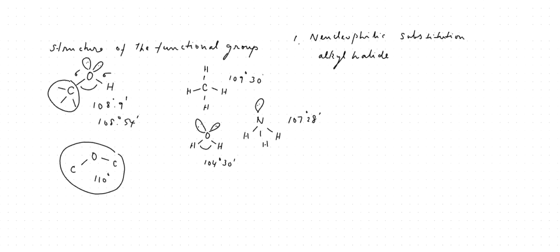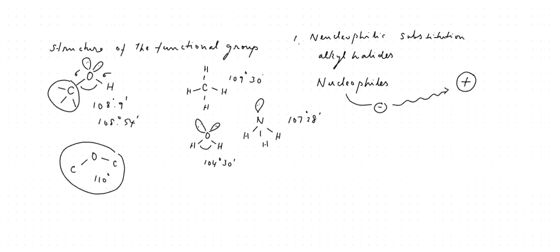What is a nucleophile? Nucleophile means the one which loves the nucleus, which means that it is getting attracted towards a positive charge. So the nucleophile has to be negatively charged so that it will run towards the positively charged nucleus.